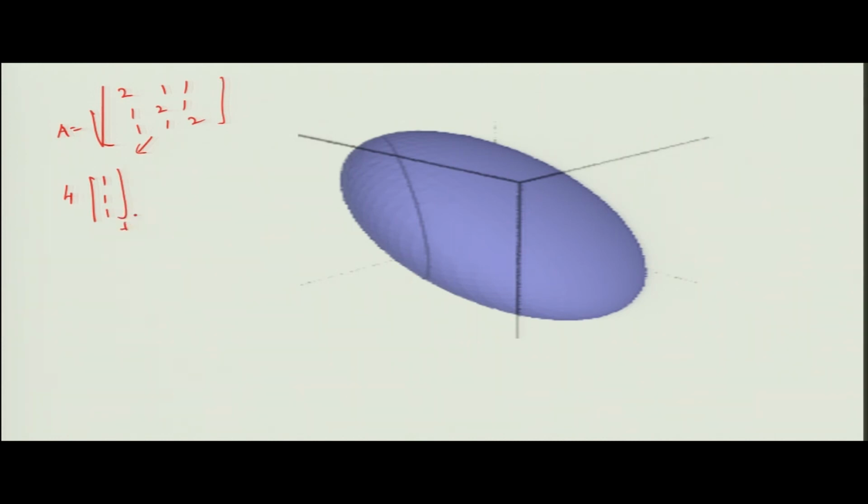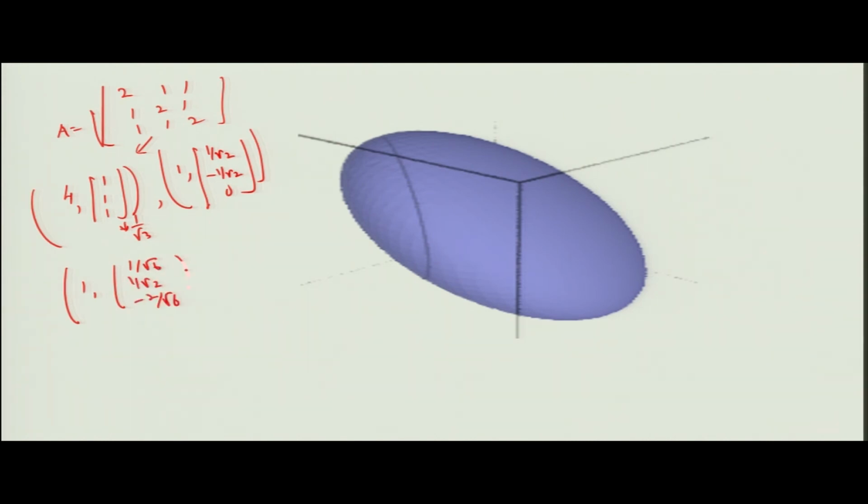So this will give me 1 upon root 3 times this as my unit vector. I have an eigenvalue which is 1, which corresponds to 1 upon root 2, minus 1 upon root 2, 0 as an eigenvector. Fine. So this is an eigenpair, this is another eigenpair, and the third eigenpair is again 1, but here it is 1 upon root 6, 1 upon root 6, minus 2 upon root 6. All right.